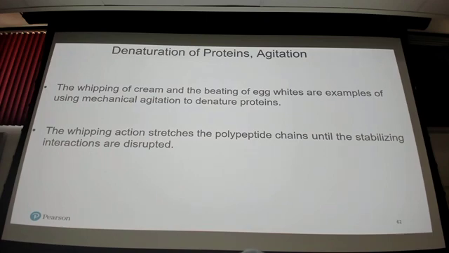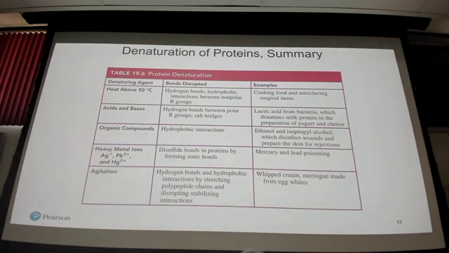That whipping will break the hydrogen bonds, and that is also an example of how mechanical agitation will break the bonds. What it's doing, that whipping will stretch the bonds until they eventually break, and then that is disrupting the tertiary, secondary, or primary structures, depending on what type the particular protein has.